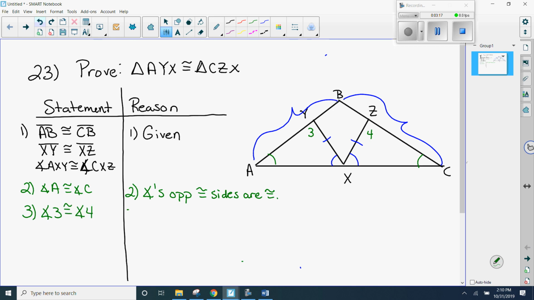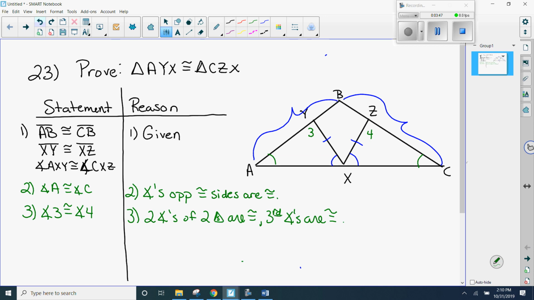And how do we know that? If two angles of one triangle are congruent to two angles of another triangle, then the third angles are congruent.